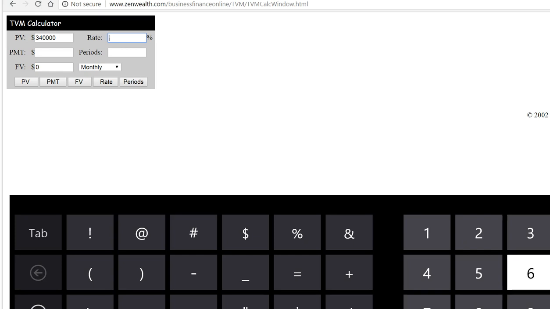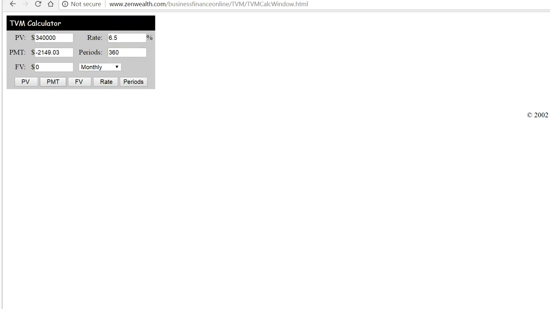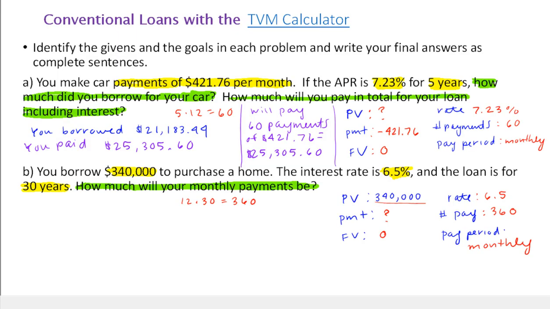The rate is 6.5%. You make a total of 360 payments, and those are monthly. Now we're solving for the payment. And we see that your payment, it's negative because you're going to pay it out every month, is $2,149.03.